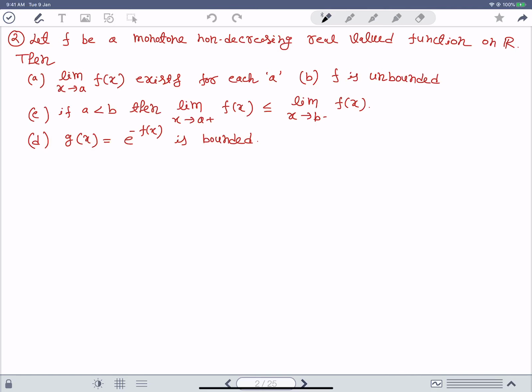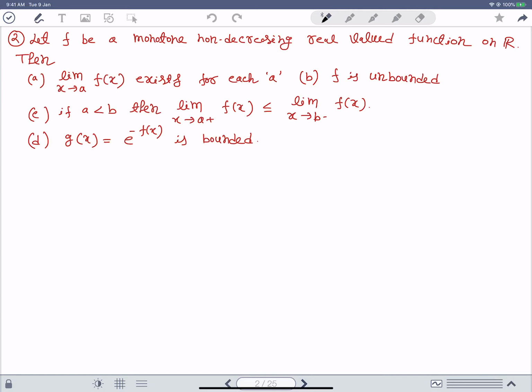So, let us come from the first. If you have any monotone non decreasing sequence, or you can say monotone increasing sequence, that is actually the same concept, and we have to show that the limit at some point may not exist, right.